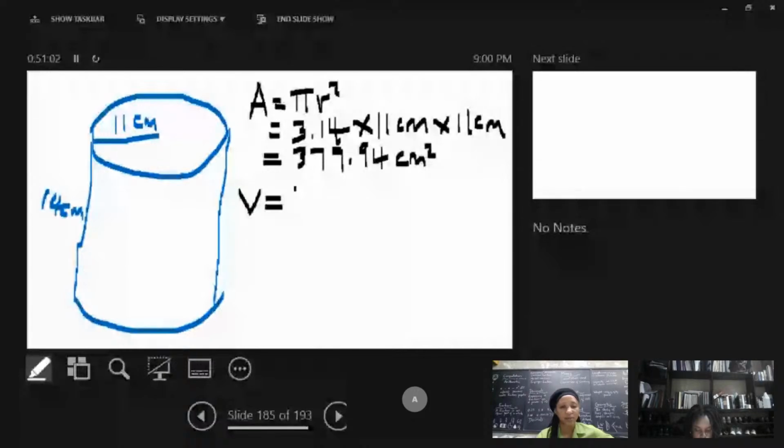What's the volume now? Okay, so it should be 379.94 times 14, since we already worked out the area of the base.